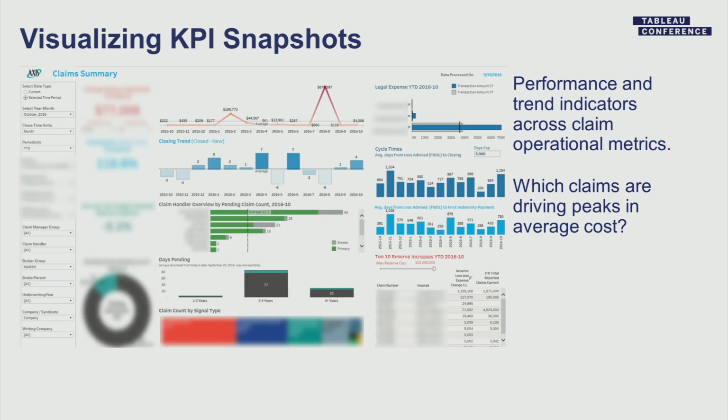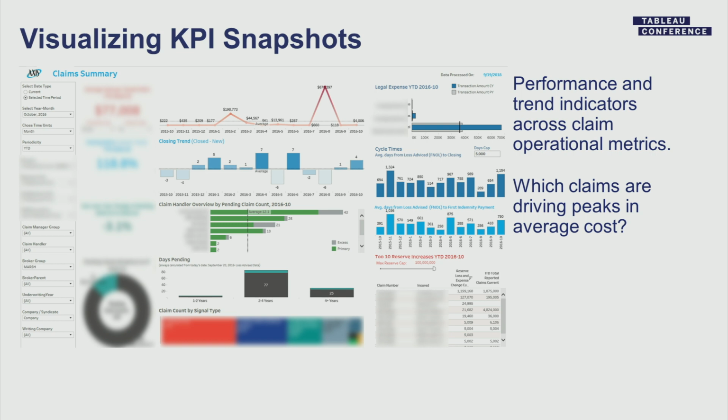This one is a claim dashboard, and you can see there's a lot of KPIs on here, and a lot of good information. It really provides a good snapshot for our senior claim leaders. Things like financial performance, open claim counts, how claim adjusters are handling their workload, cycle times, all of that.